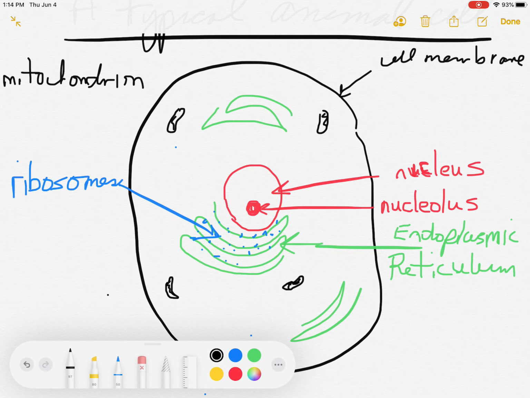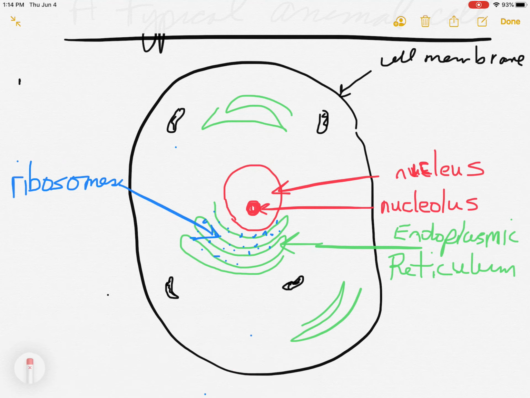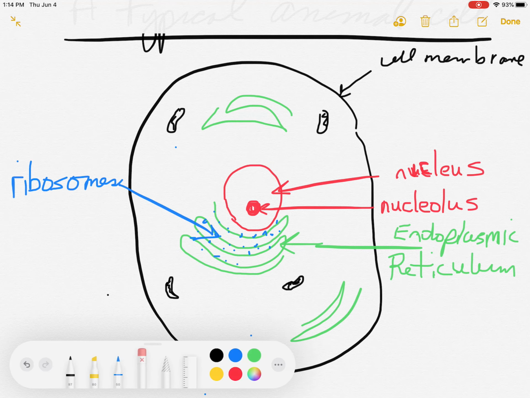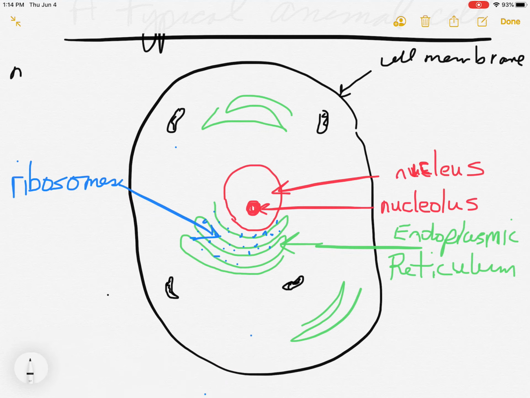And again, this crazy carrot doesn't want to work today, so just give me a second. I'll see if I can't write that a little bit neater for you. It also doesn't work when you try to write too small. There we go. Mitochondrion. Right there.